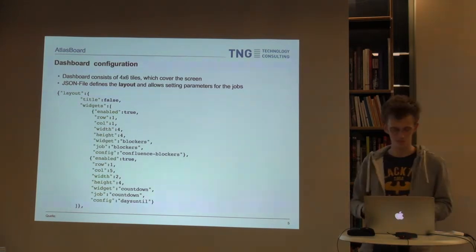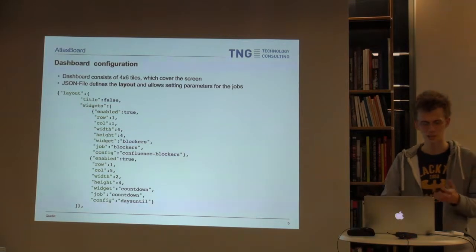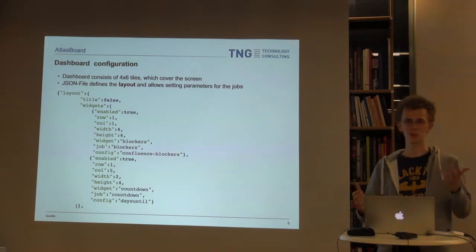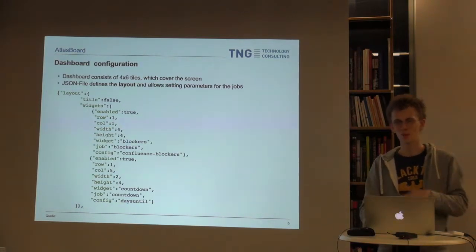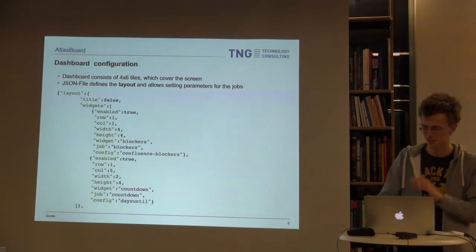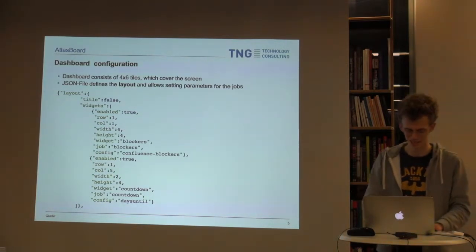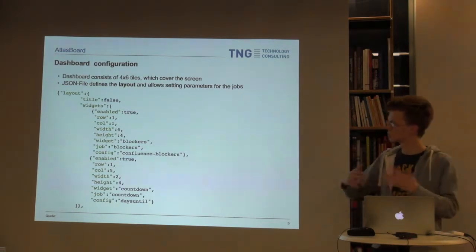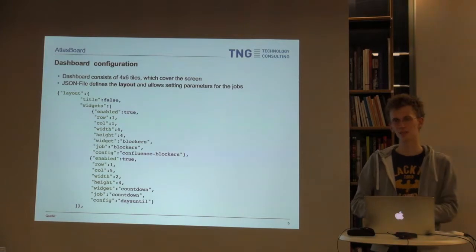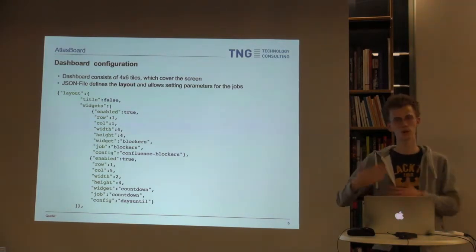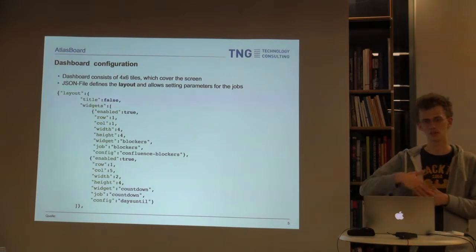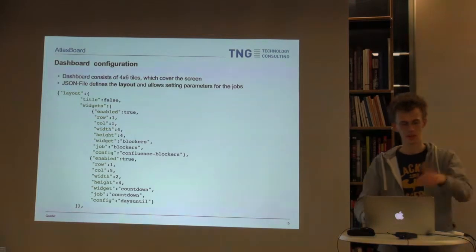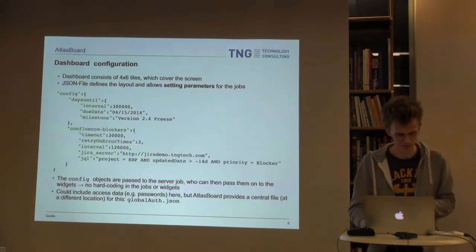The only limitation of AtlasBoard is that it limits you to 4x6 tiles on the dashboard, so you can't do all shapes of widgets, but I think 24 tiles is enough. Then you also specify which widget should run in this place, which job belongs to the widget, so the data from which job should be used in this widget, and also the configuration, which is the next part of the JSON file down here.